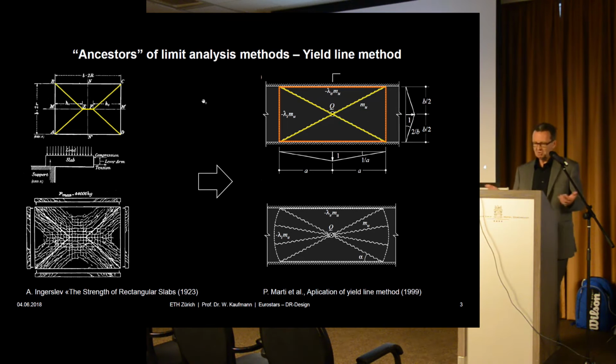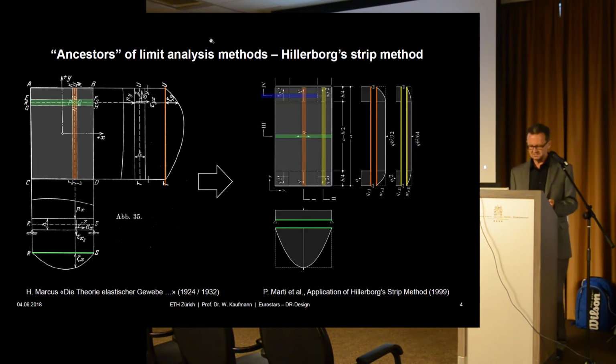But you could say that's an old thing, it's equilibrium, and just a practitioner method. It has always been there. And a similar thing for the lower bound is the strip method, the Hillerborg strip method, which is still being used in practice sometimes if you're not using a finite element program.